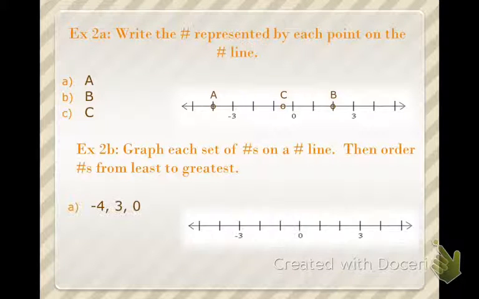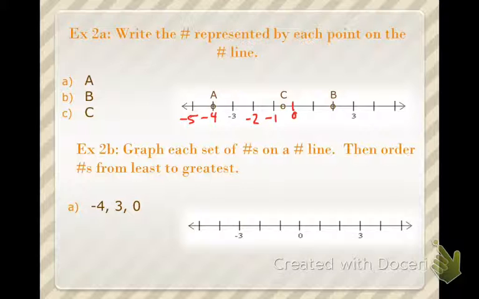All right, so now we have example 2A. Write the number represented by each point on the line. We're going to start with A. Here's 0. This would be negative 1, negative 2, negative 3, negative 4, and negative 5.